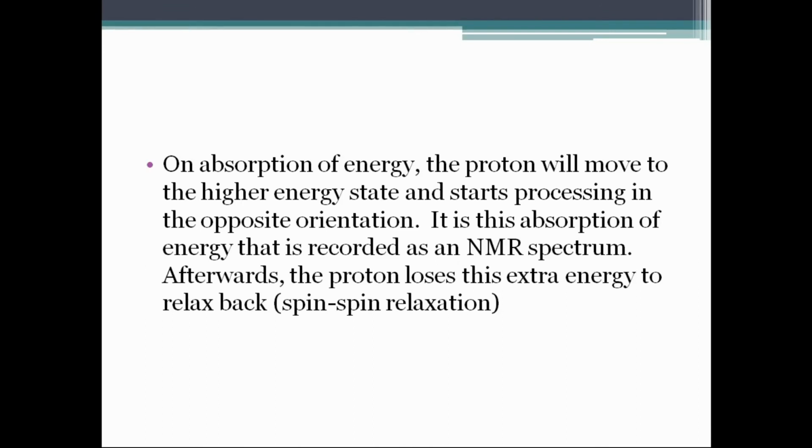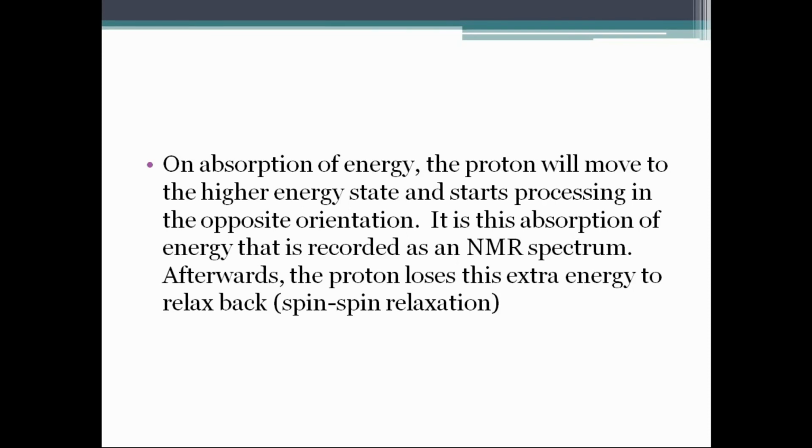First condition: nuclei with spin quantum number I greater than 0. Second condition: the nucleus should be placed in an external magnetic field B0, and in that field the nuclear energy level splits into 2I plus 1 orientations. For hydrogen it is two different energy levels.